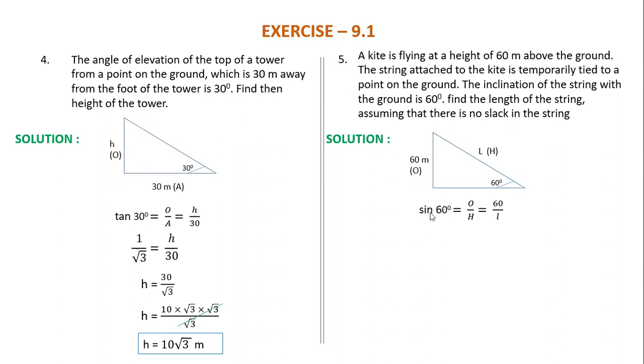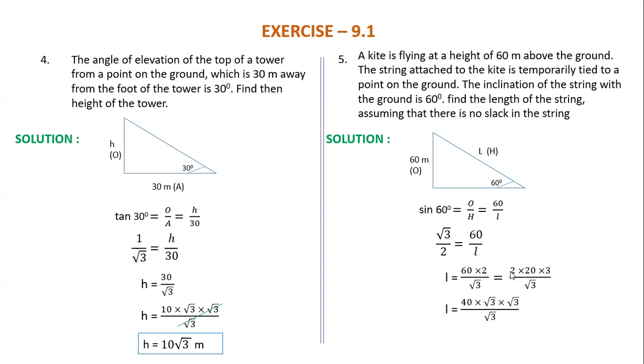O upon H. What is it? Sine of 60 is O upon H. That is O is 60 and H is L, so 60 upon L. Sine 60 is root 3 upon 2, equal to 60 upon L. Cross multiply: L is 60 into 2 upon root 3. 60 I have written as 20 into 3, and this 3 I'm going to write as root 3 into root 3.